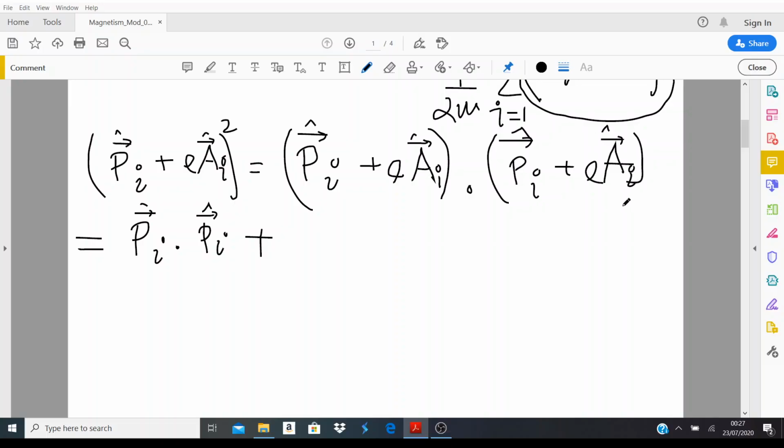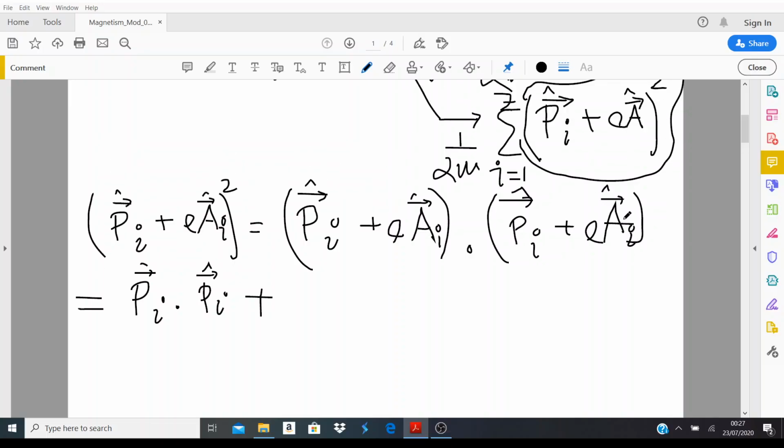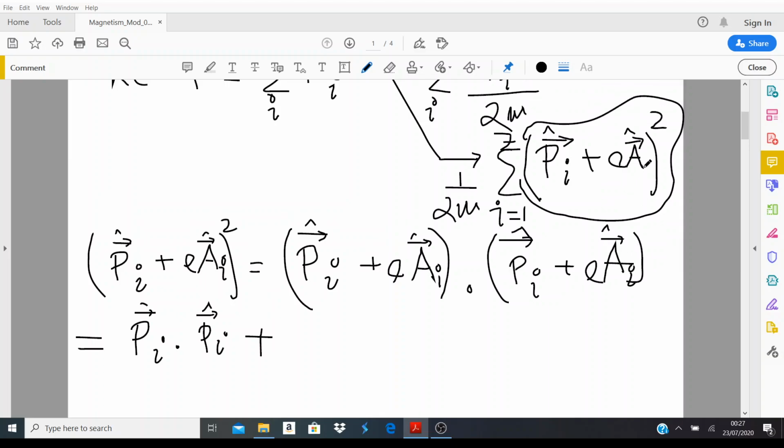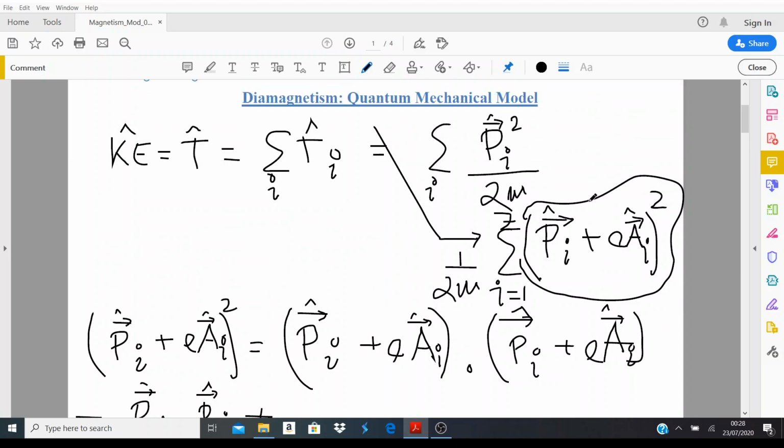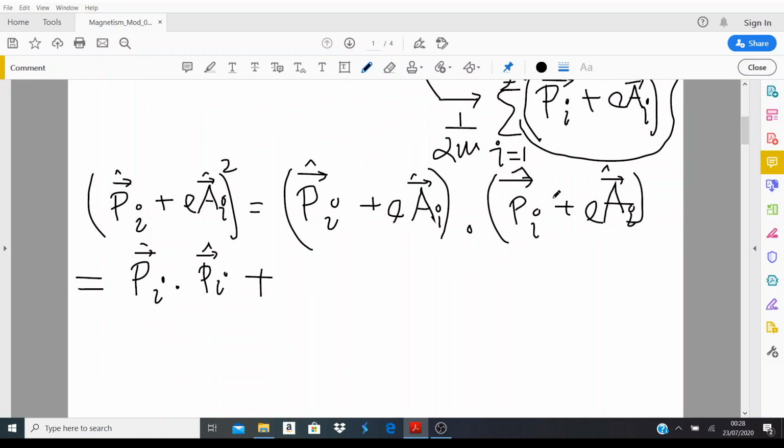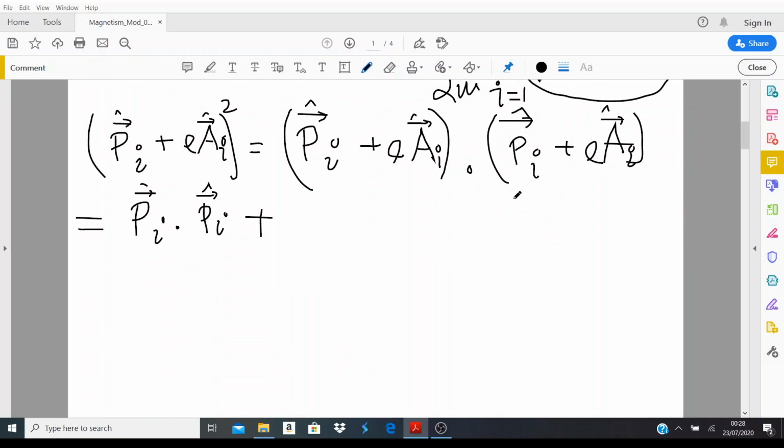This is the magnetic vector potential felt by the ith electron, just to make it more explicit, so we have Ai. Now we are dotting Pi with e times Ai. So e is just a number, it goes outside, and we have two operators, Pi vector times Ai vector operator, right?